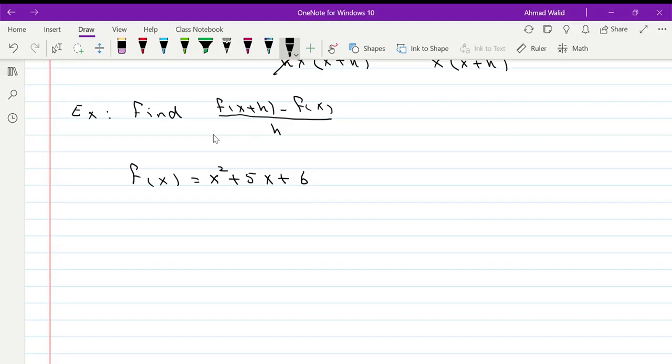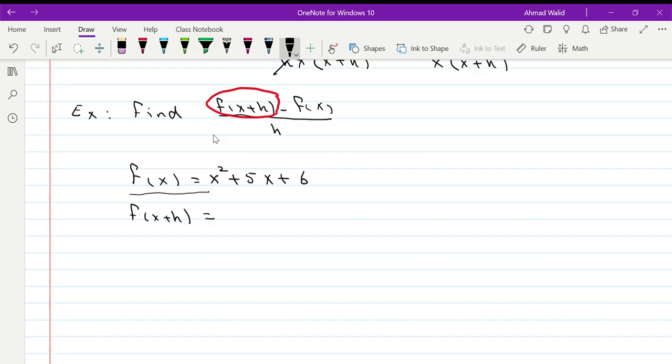Correct? What you need to do, always find this one first. It means look for the f of x plus h. You have the function, it's really easy to find f of x plus h. Plug in, instead of x, everywhere x plus h.